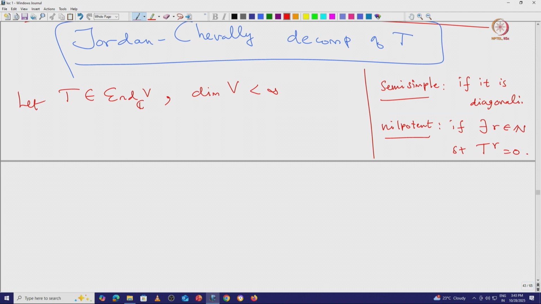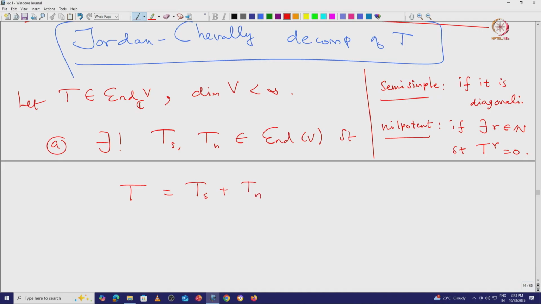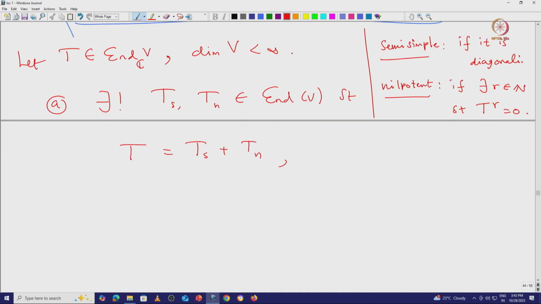So, let us say T is given to us. Then the Jordan-Chevalley decomposition guarantees that there exist unique semi-simple and nilpotent operators, let us call them T s and T n inside endomorphism of V, such that this T can be decomposed as the sum of these two operators. So, here T s is semi-simple and T n is nilpotent.